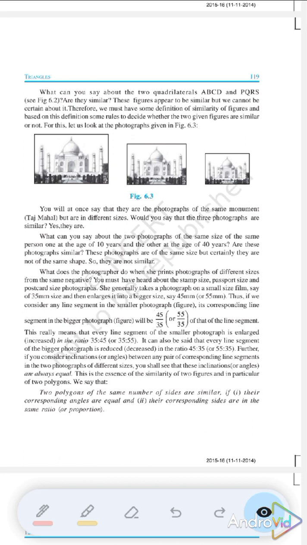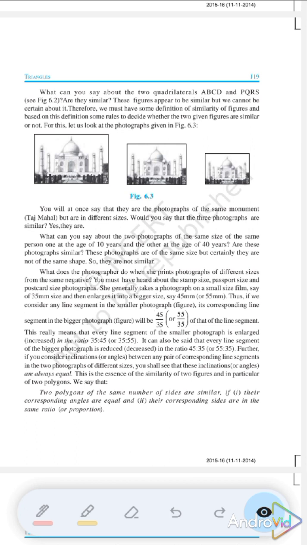Now, if you see the figure 6.3, these are different photographs of the same monument, that is the Taj Mahal, but they are of different sizes. Can we say that all these photographs are similar? Yes, sure, because they have the same shape, whereas they differ only in their sizes.